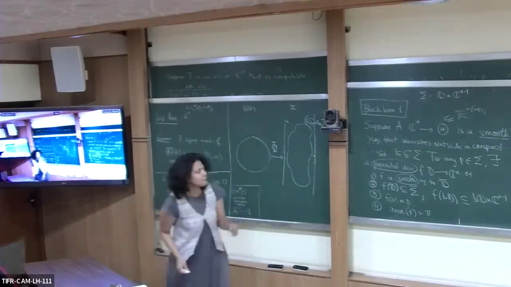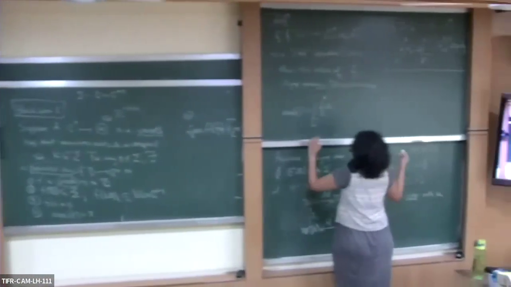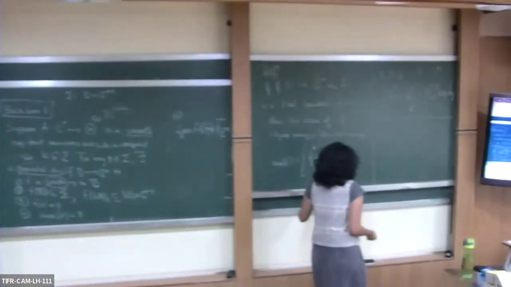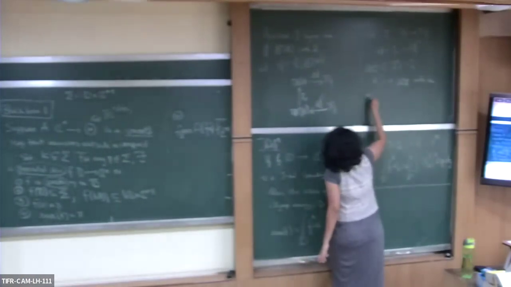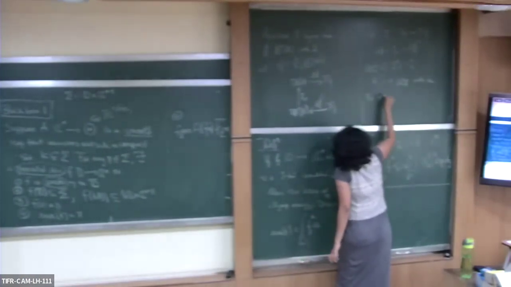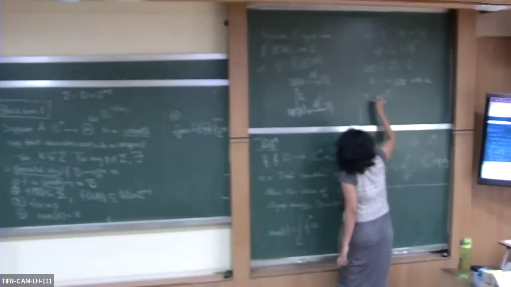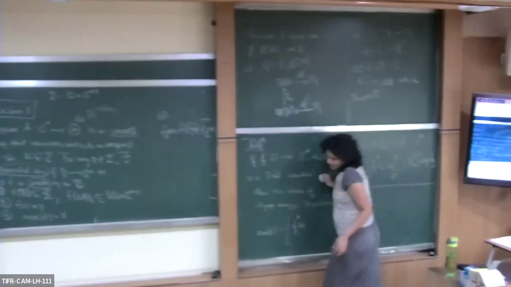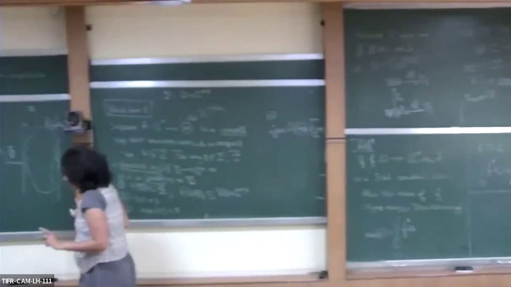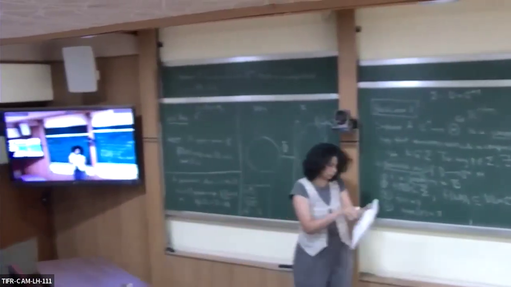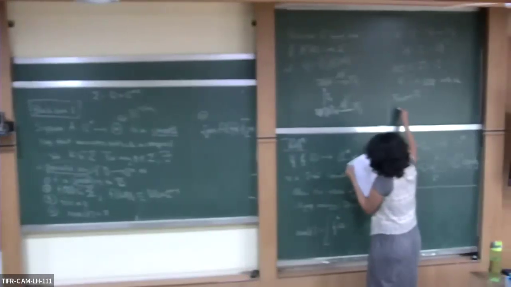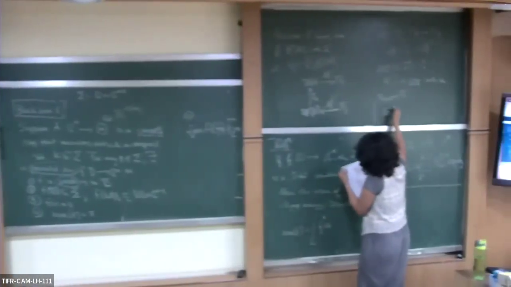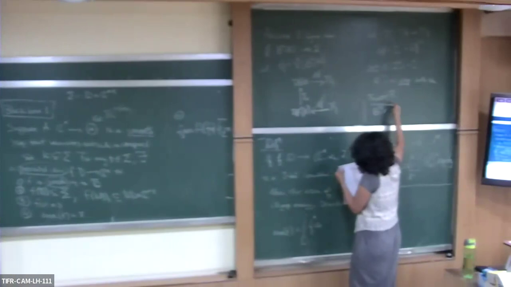For that, I'm going to fix a small radius r positive, which is less than R. Then I look at the closure of this smaller ball, and I'm going to do my full analysis on that.